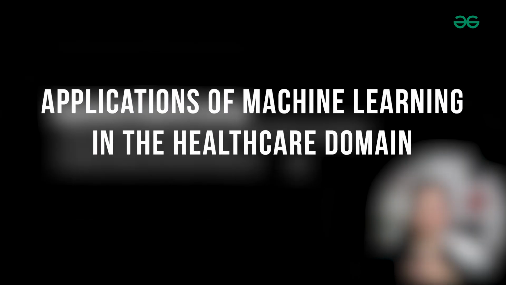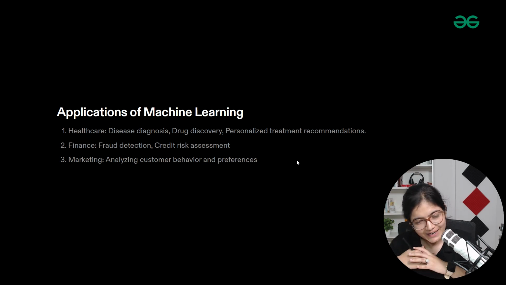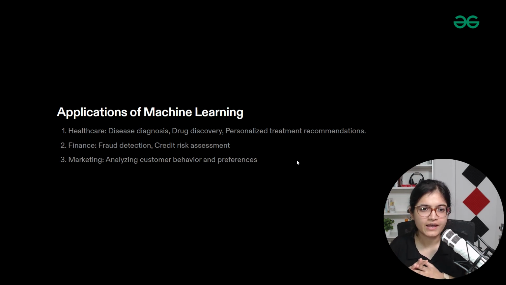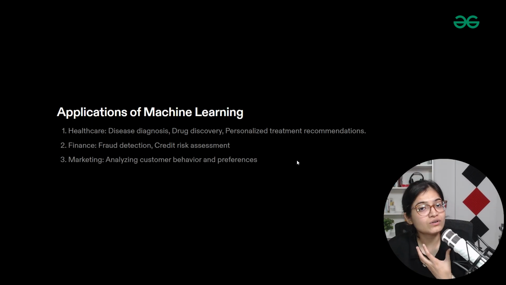Now, let's talk about the applications of machine learning, like in what domains it is being used. I would say that it is heavily used in almost every domain nowadays, but let me talk about a few use cases, let's say healthcare. If you remember, in the last session I gave you the example of diabetic prediction, right? That belongs to a healthcare scenario.